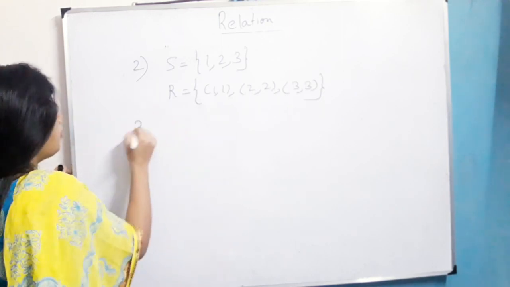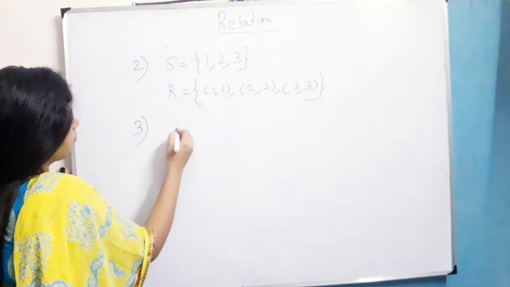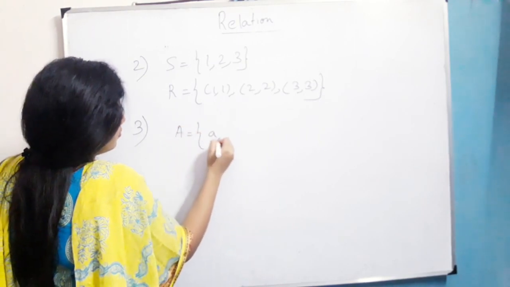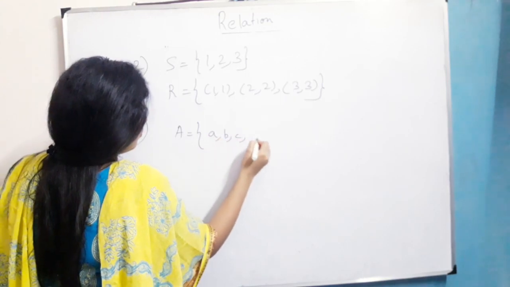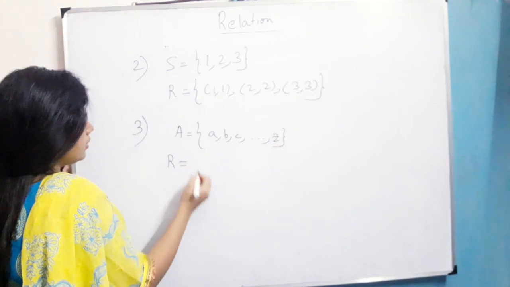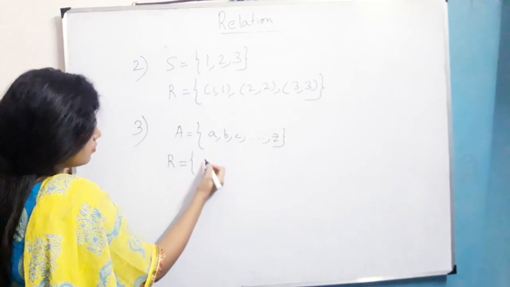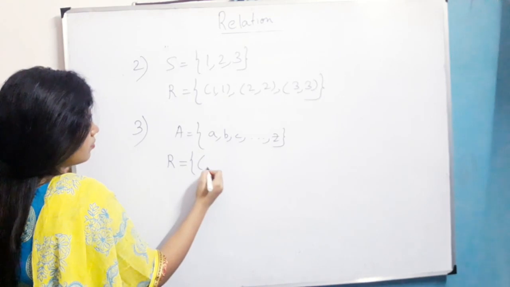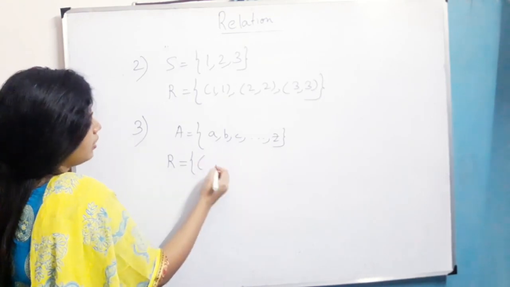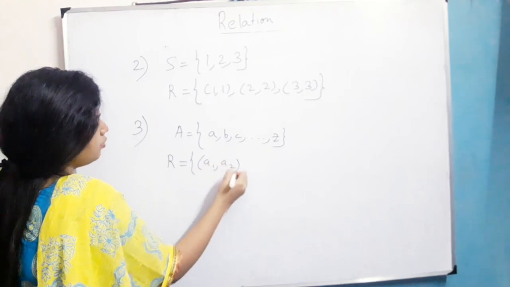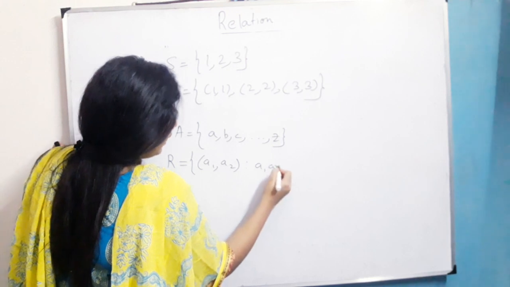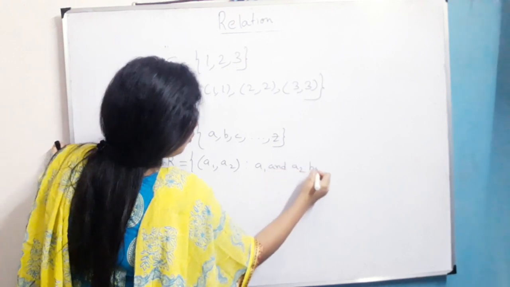Okay. Suppose I take the alphabet up to Z, and I take R equals to, since I have taken alphabet here, pairs (A1, A2) such that A1 and A2 both are vowels.